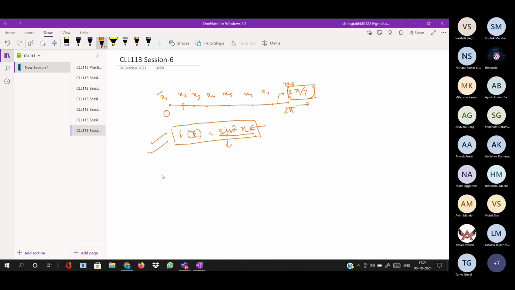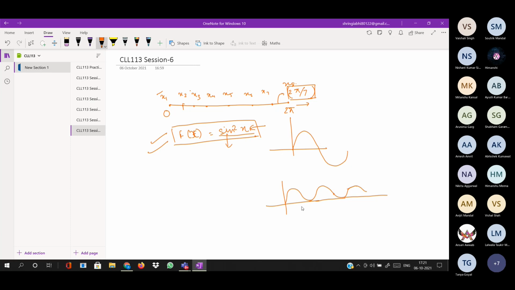This is called curve fitting. For f(x) equal to sine square x, we can easily draw its curve because we know it and understand it really well.